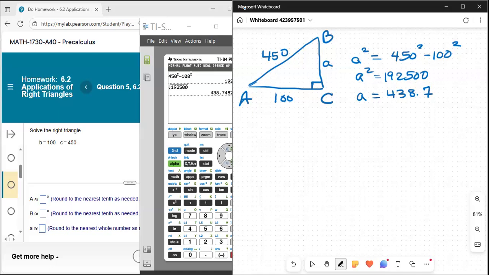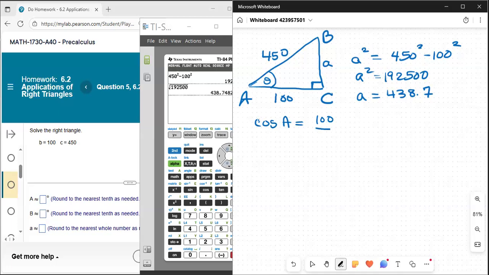Now we're going to look for the angles. So we could take any of the trig functions here. Since I already know 100 and 450, I'll just use those two. And so that's adjacent and hypotenuse. So cosine of A is equal to the adjacent to A, right? If this is the angle in question.